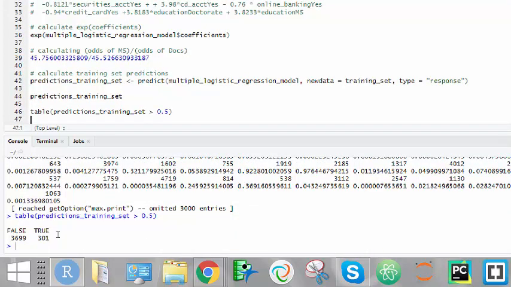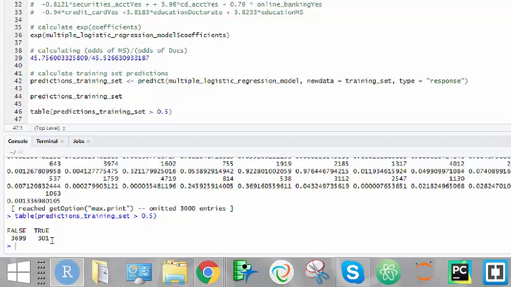Bam. Here's my table, and the table says false, true. Because for each observation it checks whether the number is greater than 0.5. 0.95, yes, true. Next one, 0.001, false. Next one, 0.87, true. Next one, 0.015, false. So for each of these 4,000 numbers, is it higher than 0.5, true, or false?